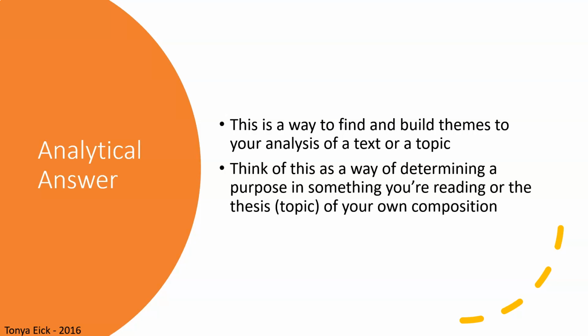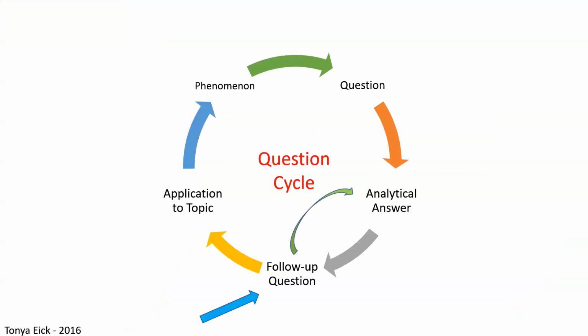Think of it as a way of determining a purpose in something you're reading, or figuring out what your thesis will be in your own composition. Now, let's go back to those follow-up questions for a second. With follow-up questions, we want to think about what's related to the answer that we developed from that first initial research question.